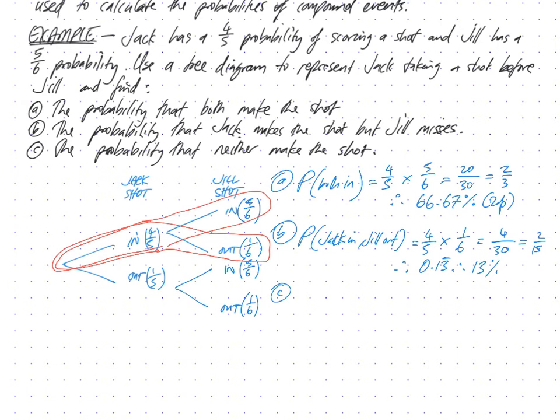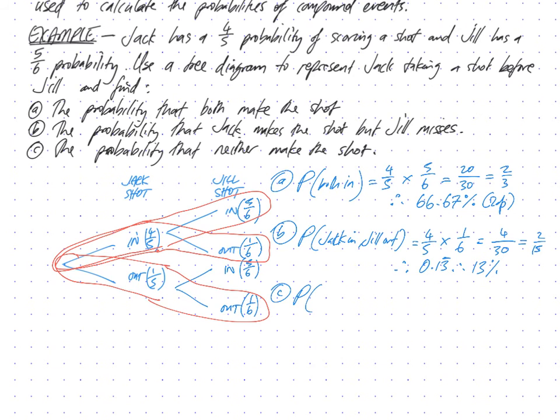And then C, the probability neither make the shot. So follow the branches where they miss. Jack misses along this branch here. Jill getting it in is the top branch there, so Jill missing is the bottom branch there.